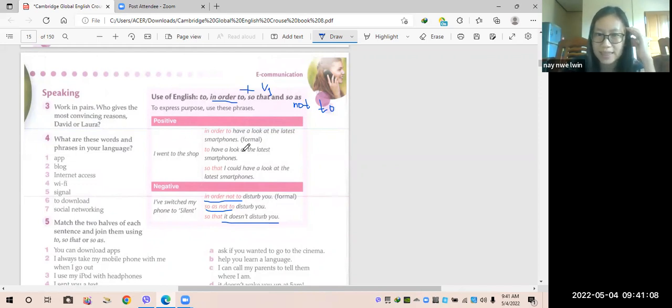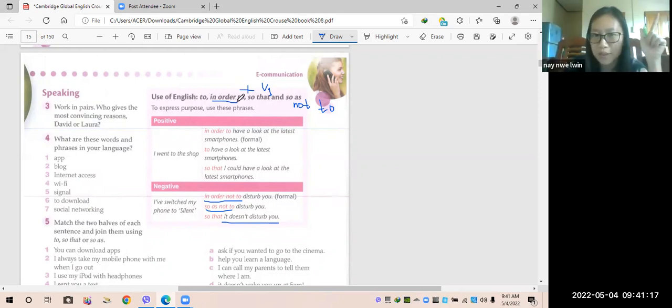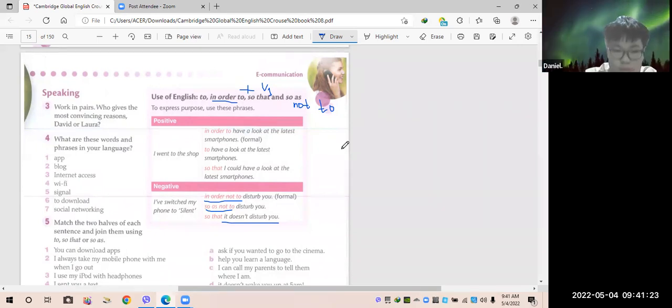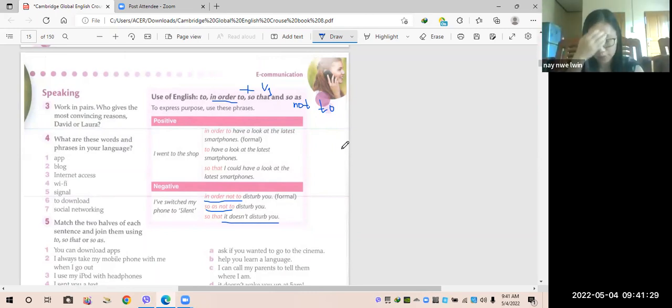You can look at these as example sentences. How many sentences? Four sentences. One for to, one for in order to, one for so that, and one for so as not to. Is that clear? Yes. Do we need to write it in the notebook? Yes, whatever you can. If you want to write in the course book, it's okay, if you have space to write.